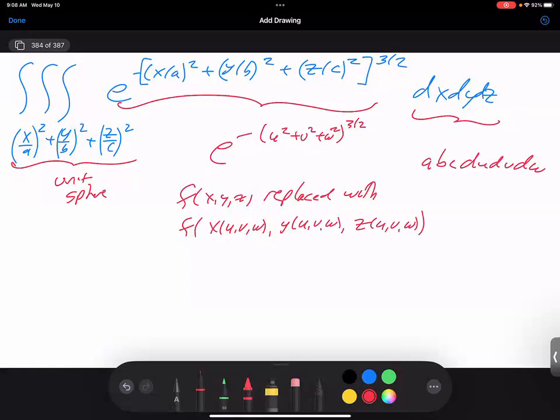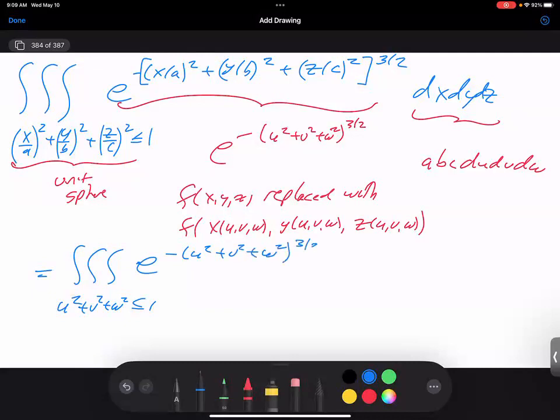So we just get that this is the integral over u squared plus v squared plus w squared less than or equal to 1, e to the negative (u squared plus v squared plus w squared) to the 3/2, abc du dv dw.